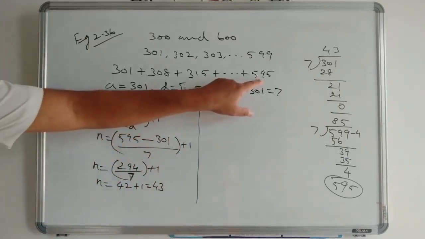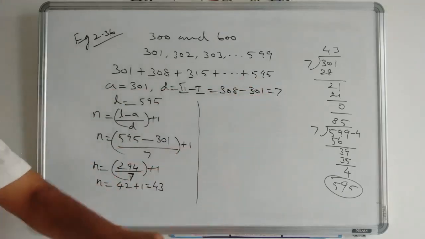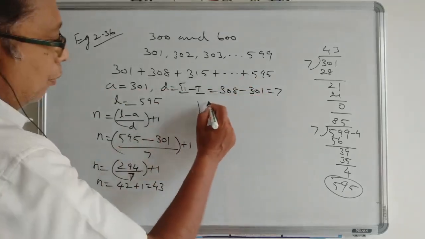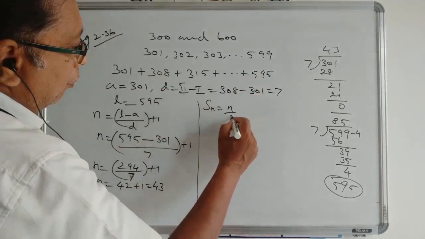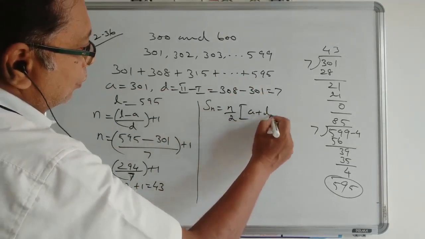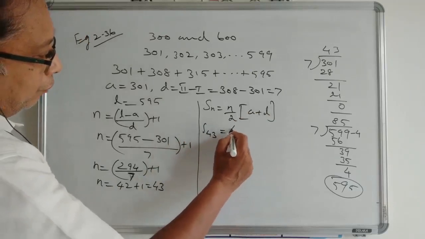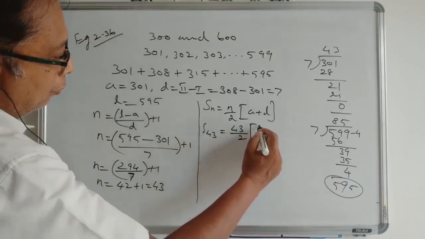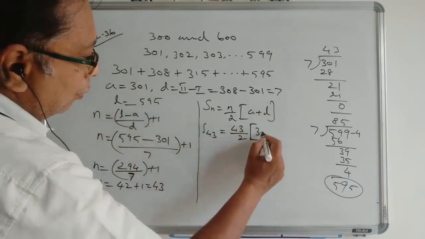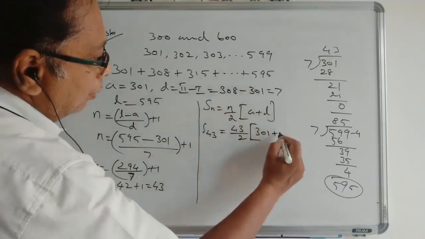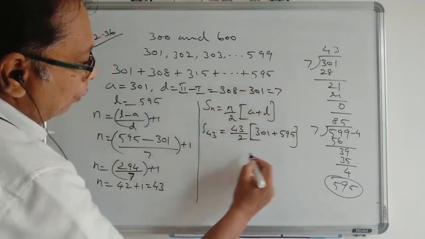Next, since L is given, we use the second formula for finding the sum: Sn equals n by 2 into (A plus L). In the n place we write 43 by 2, A is 301, and L is 595.